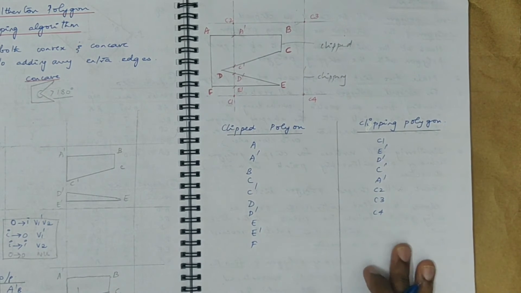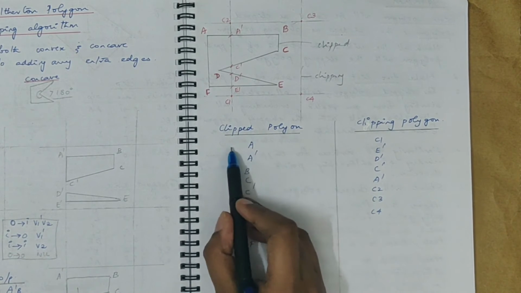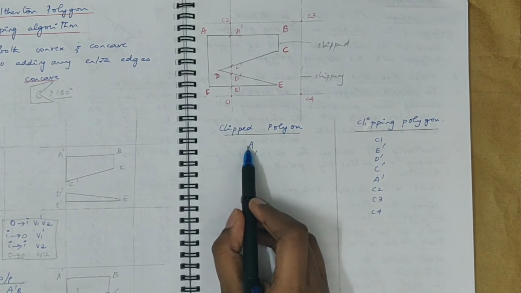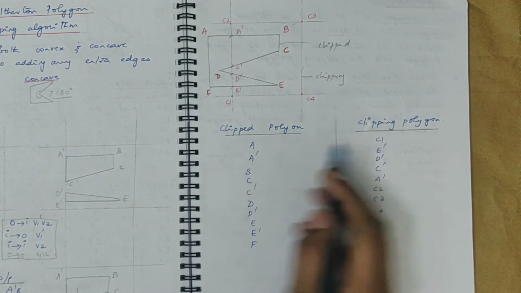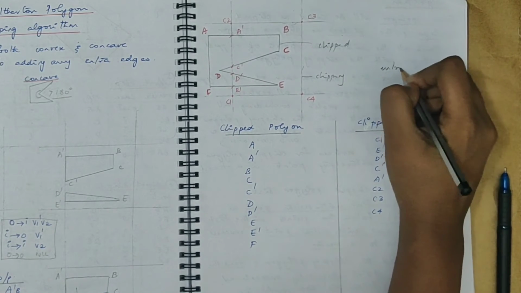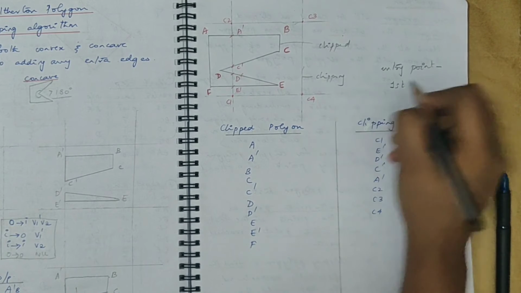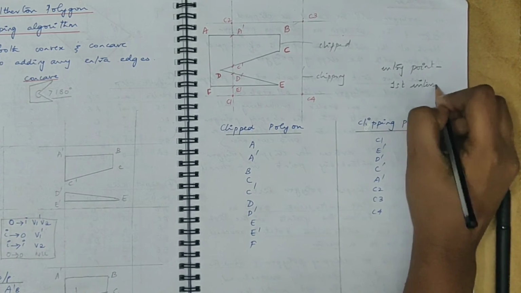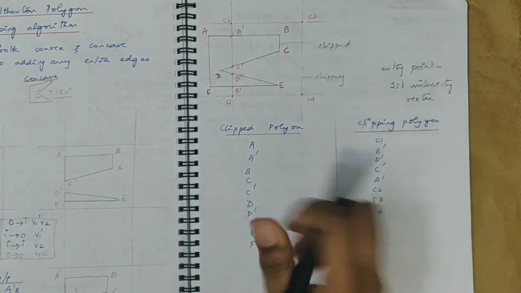Then you start from the clipped polygon list and traverse from the first vertex onwards. You need an entry point, and the entry point for the algorithm is the first intersecting vertex in the clipped polygon.